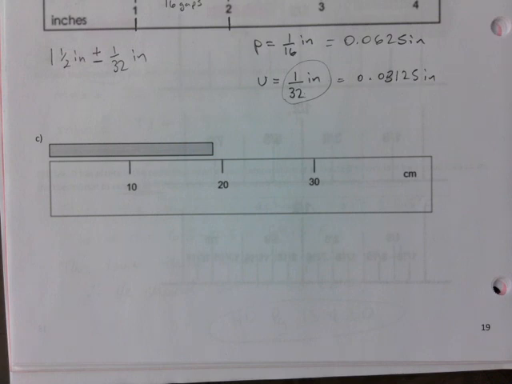Just think through it. What's my precision? What's my uncertainty? So Dirksen said precision is between markings. All right. It's weird, but I'm just going to follow it. We got it?